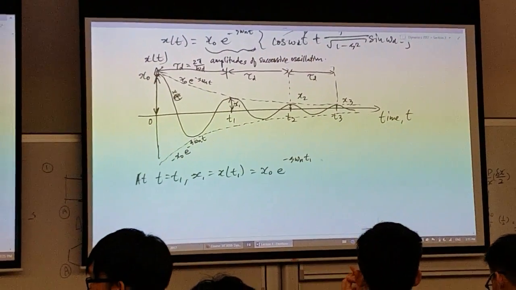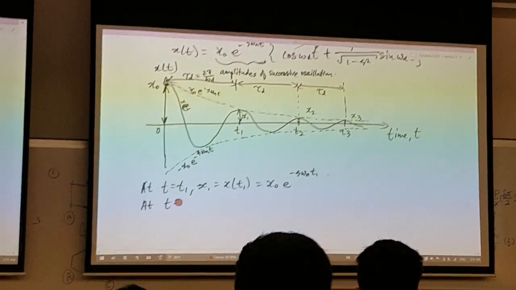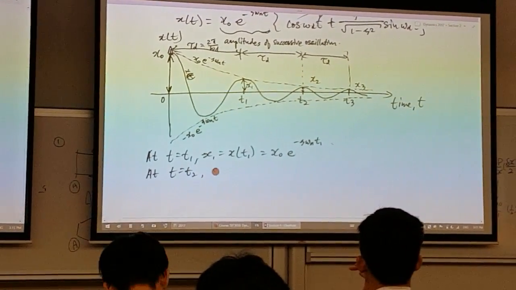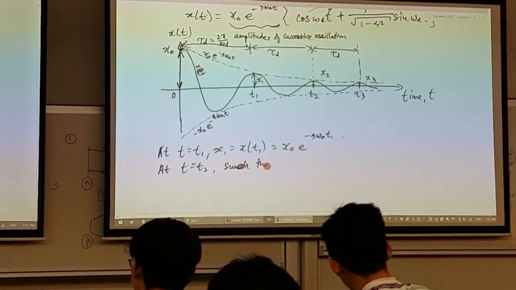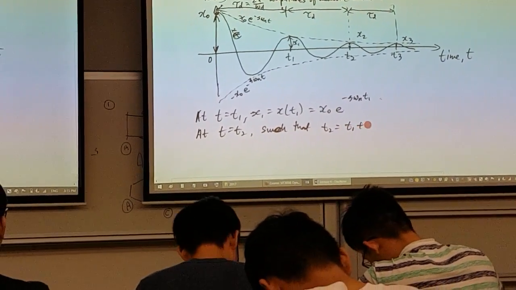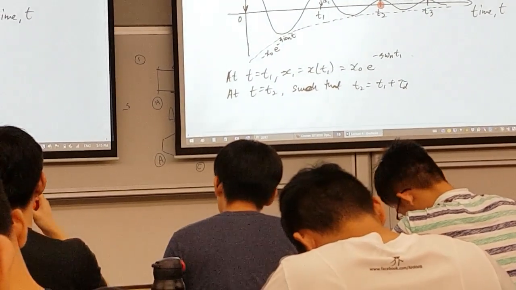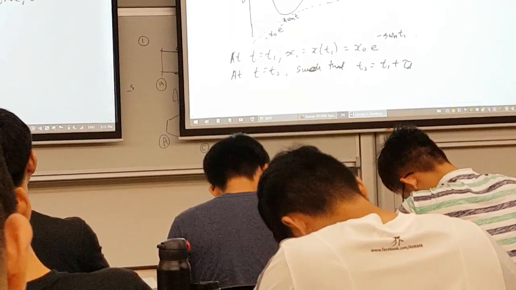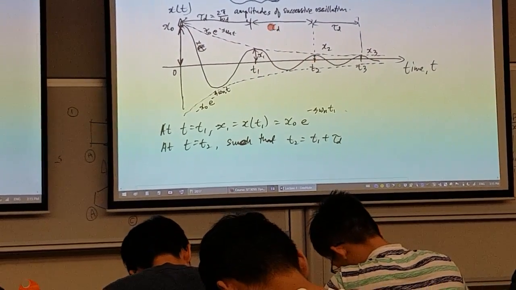After that, I want to find out at time equal to t2, such that t2 is equal to t1 plus tau d. So you can see t2 is here. t2 is taking t1 plus this entire time, that is tau d.